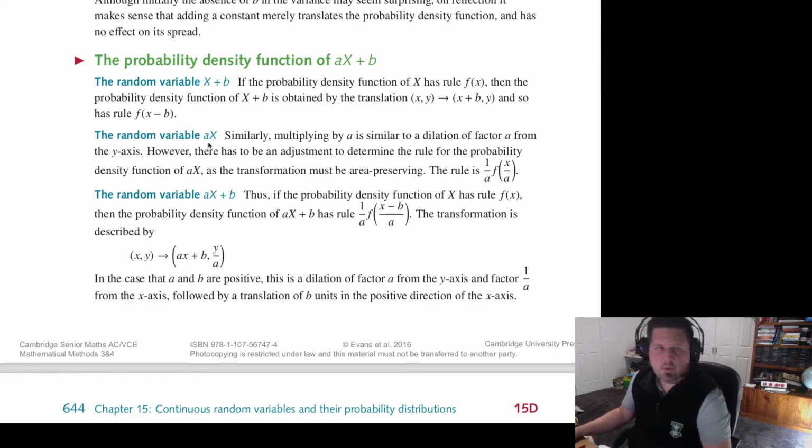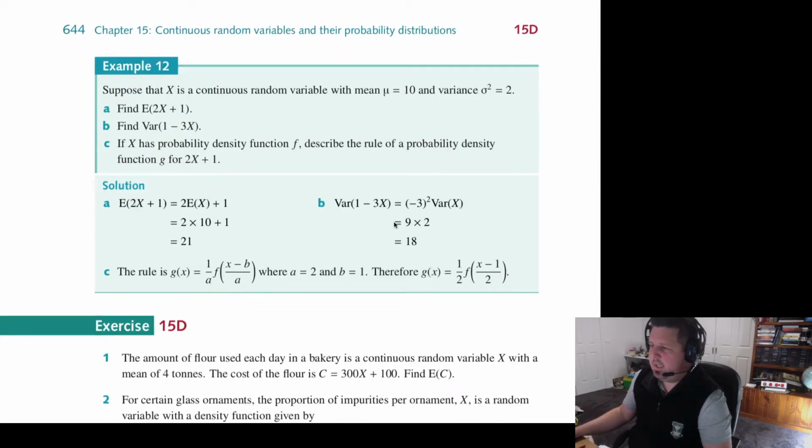Then you can get what I call the combination, where you have both the b and the a value together. In this case, you're just applying both of these to that function. So you'd end up having 1 over a f of x take away b divided by a. Cool. So let's see how this actually works in an example.